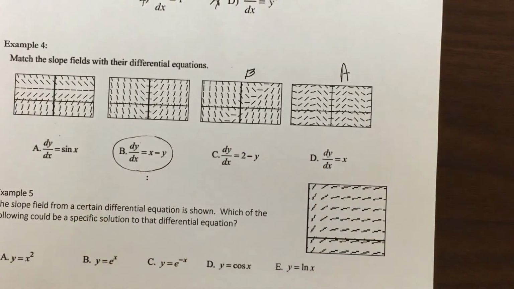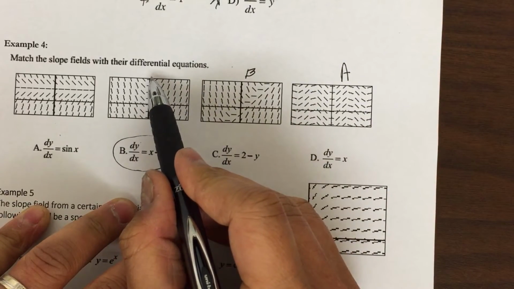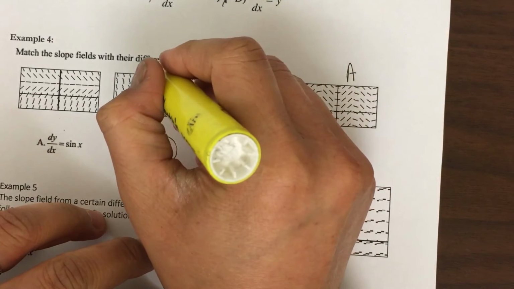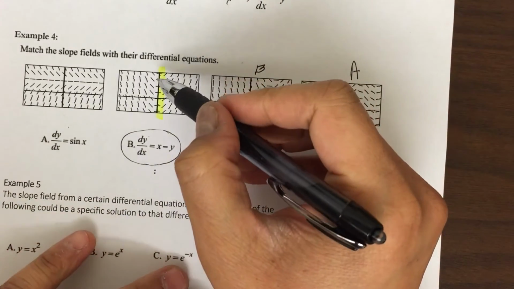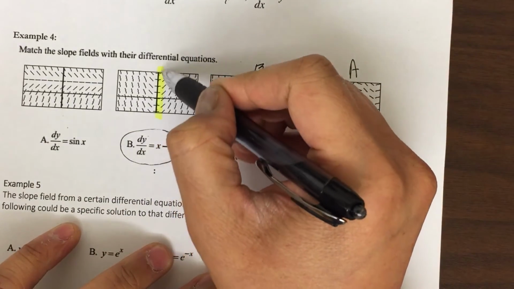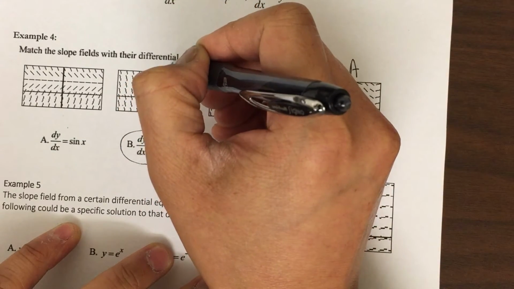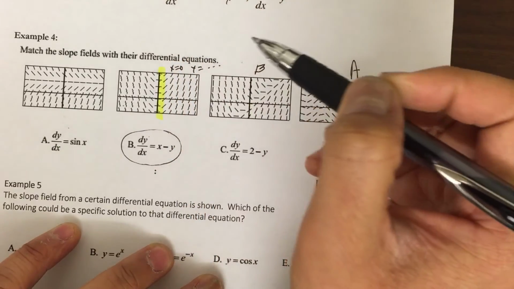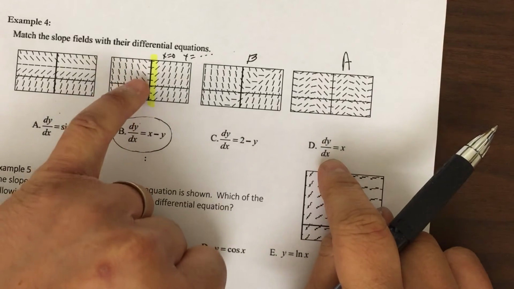Well, we basically take either the x or the y-axis. I'm going to take the y-axis in this case, because I noticed there's something in common. All these slopes are 0, and every point on the y-axis has x equals 0 and y equals something else. So let's see which of these two matches up with that slope.